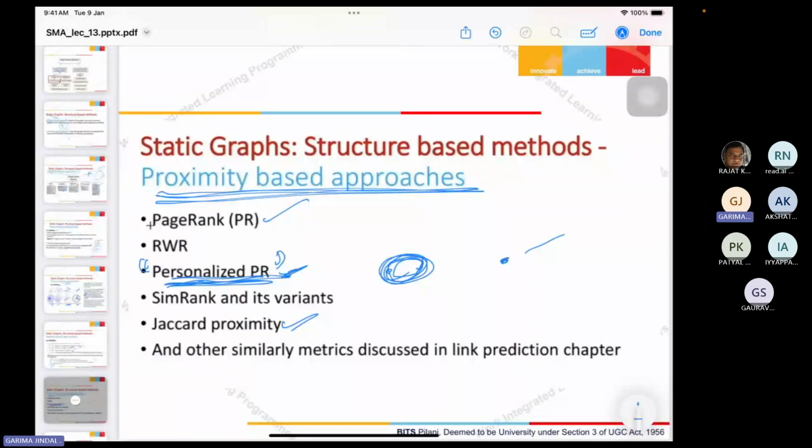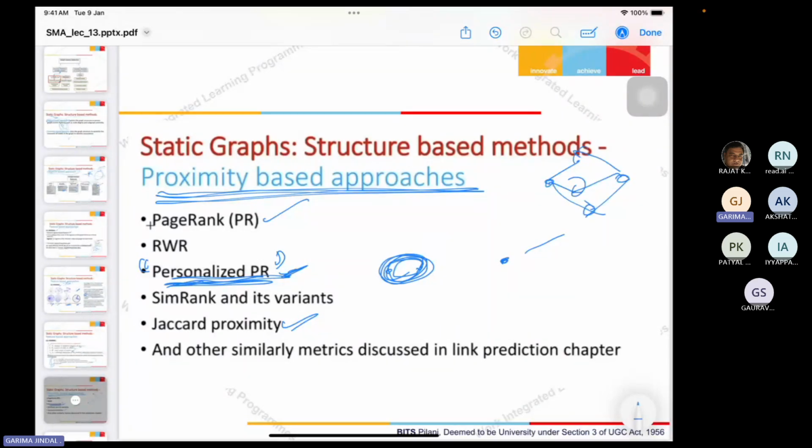In link prediction, we predicted the links based on the similarity of two nodes, that is, how similar the neighborhoods of two nodes are. In order to calculate the similarity, if I have two nodes that are not connected, how many common neighbors are there?